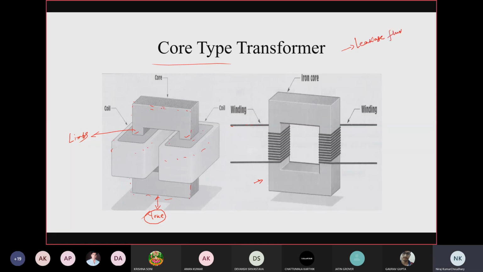I hope you can remember this term, leakage flux. So there is some flux which leaks through the core legs and non-magnetic material surrounding the core, right?